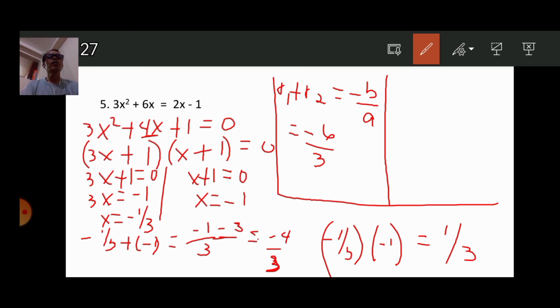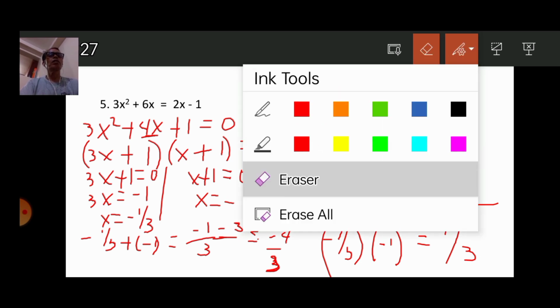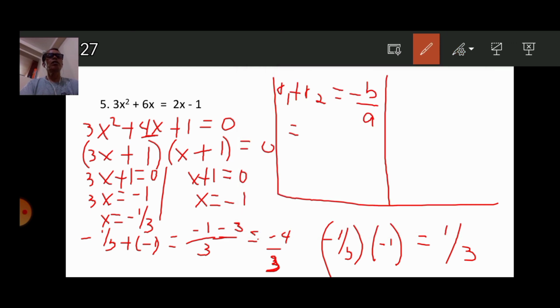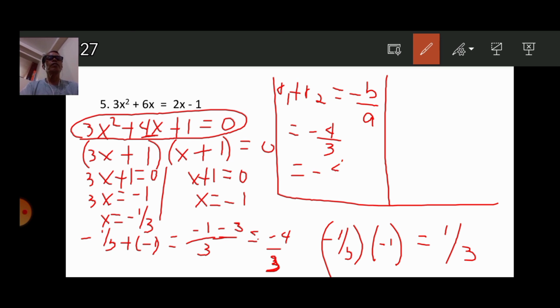Sorry. Negative b is 4 and a is 3. We are going to use this equation. So therefore, the sum is negative 4/3. So you have the same.